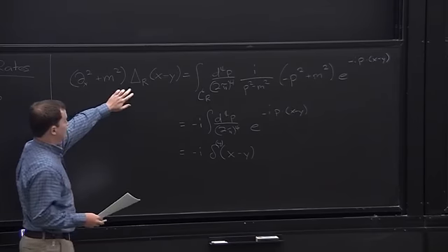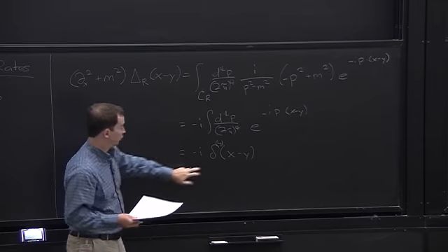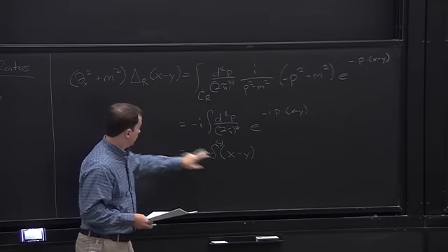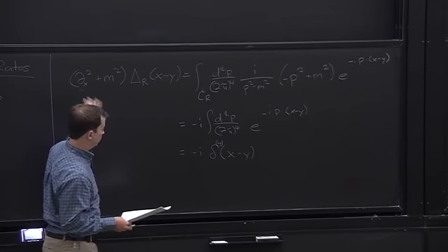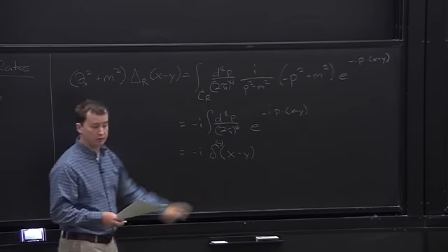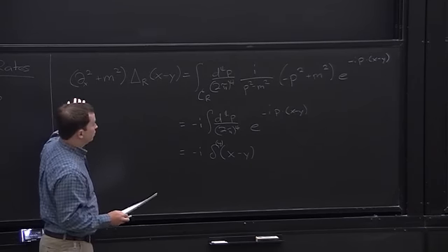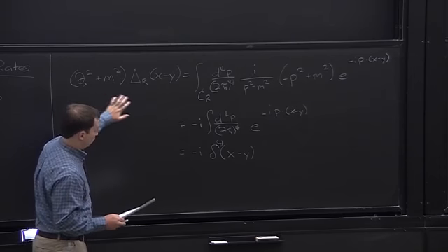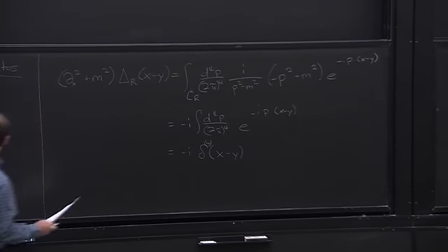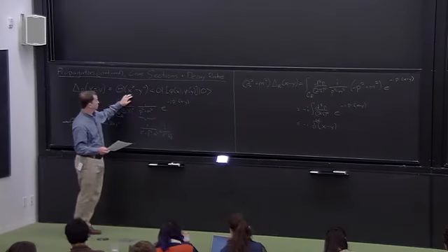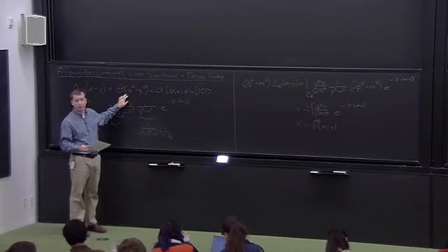A Green's function should be proportional to the delta function if we act with the operator on it. The factor is just a choice of normalization. So we see this is a Green's function. It's a retarded Green's function because it vanishes for y0 greater than x0.